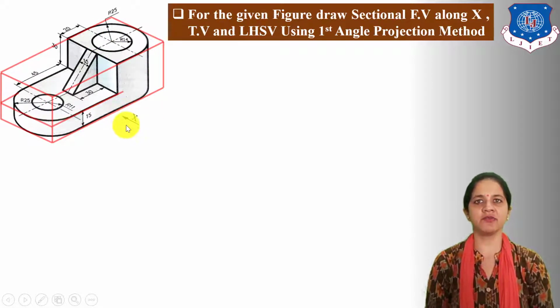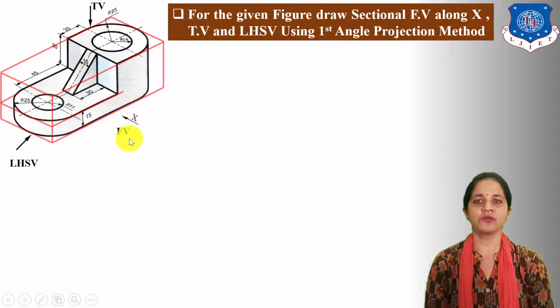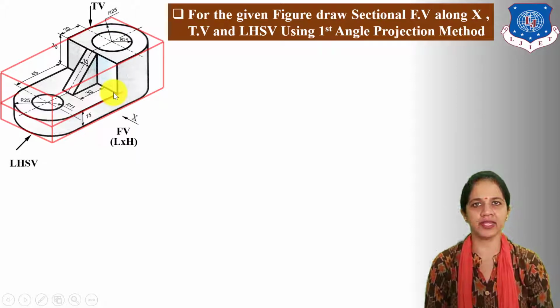Here, the front view direction is given along X. So, this line indicates length, this line indicates width and this vertical line indicates height. This is the front view direction. This is the left hand side view direction, and the top view direction is always fixed from the top side. From the front direction, we can see the length and height of the given 3D object.